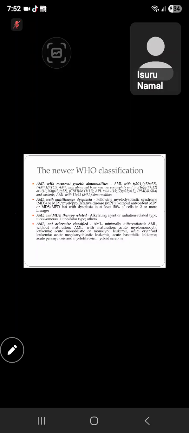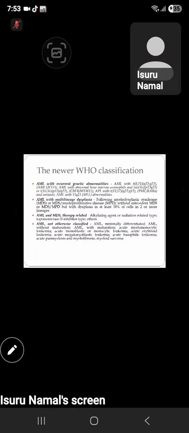Nowadays, they are using AML with recurrent genetic abnormalities, AML with multilineage dysplasia, AML and MDS therapy related leukemia, then AML not otherwise classified. Like that, according to the genetic mutations, and by using the genetic translocations, they classify this leukemia into these categories.